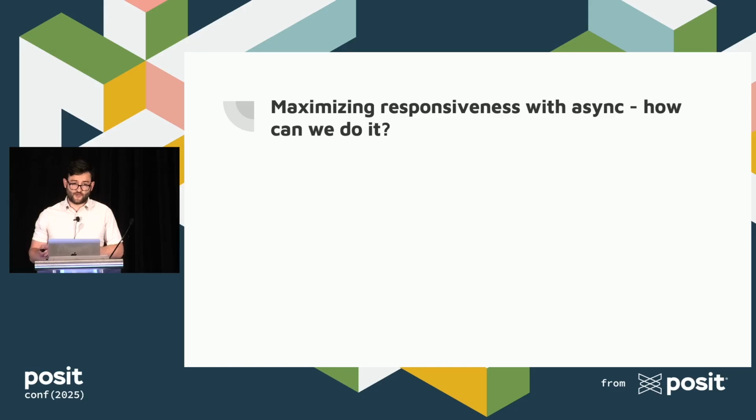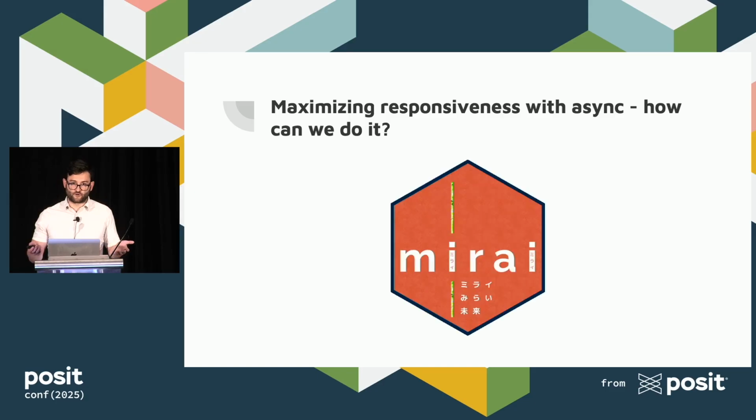To do that, you might have heard of something called Mirai by now. It's a great package for doing asynchronous programming, and it's the one we're going to use in this example. But you may be wondering, why not use the future package? The future package has been around for a while.